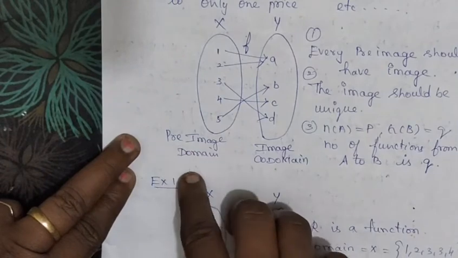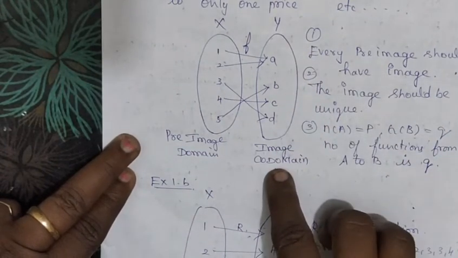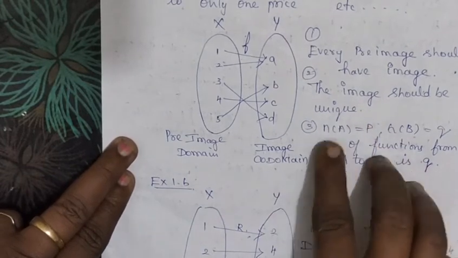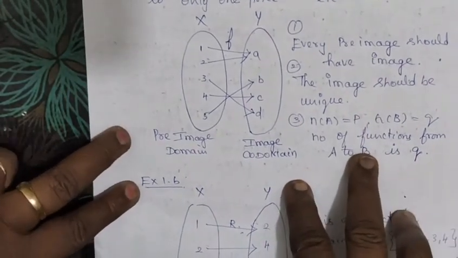The other name for pre-image is domain and the other name for image is codomain. So now, let us go for the function definition.